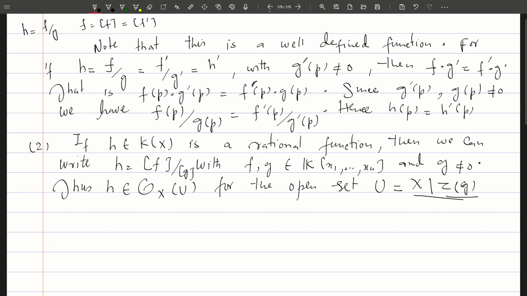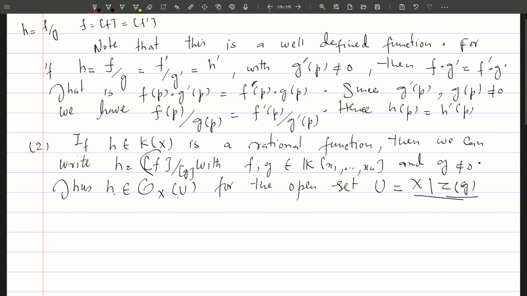Now if h is in this set, it means that g does not vanish. This h is given to be the quotient of these two classes.